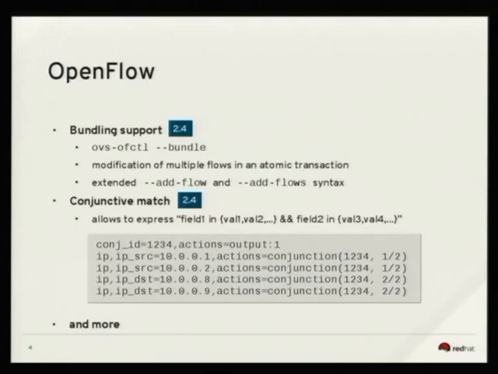If any one of those were to fail, none of them are committed or executed. Also, the changes appear atomically at once to all packets and all operations on the flow tables. So no more situations where you are deleting flows and adding flows while packets keep coming in between.